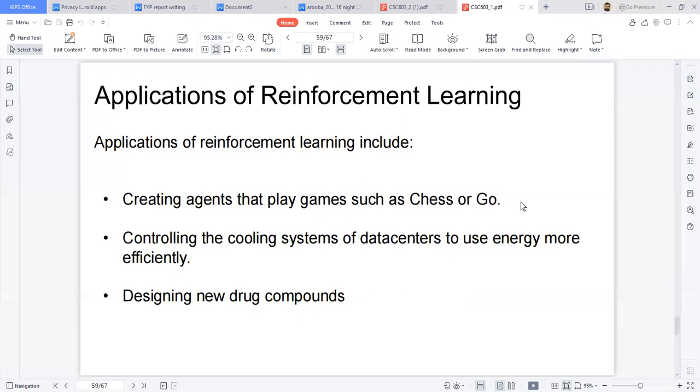If it plays a good move, we will reward that agent, and it will learn that this is a good move. If it does a bad move, then we will punish it. In this way, the agent will learn about some game.